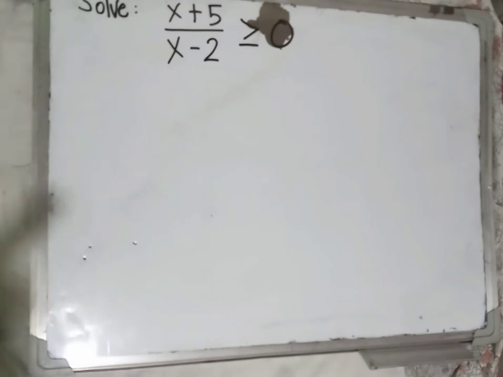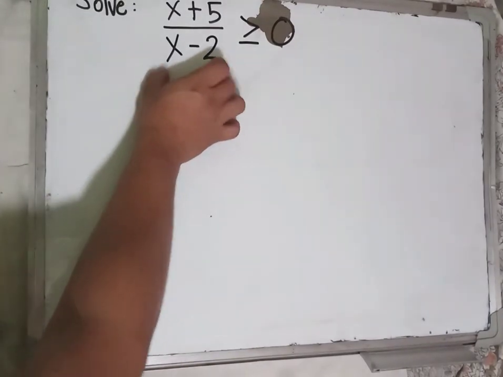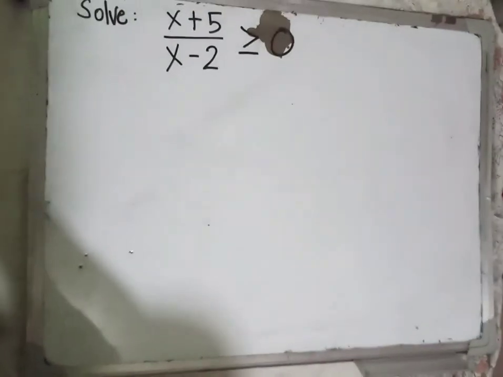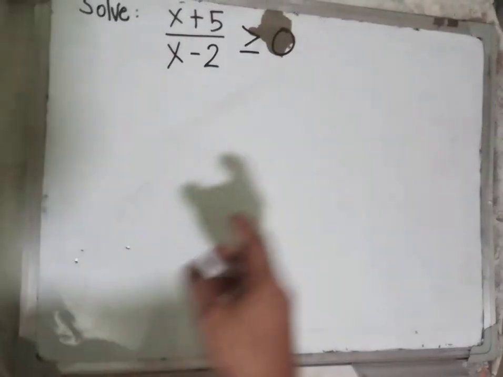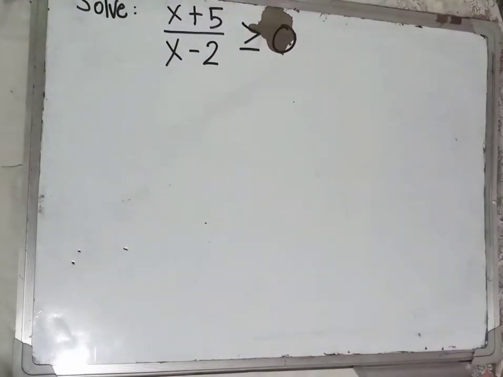So dapat dito, the left side of the inequality is composed of a single rational expression, and the right side of this inequality dapat 0.